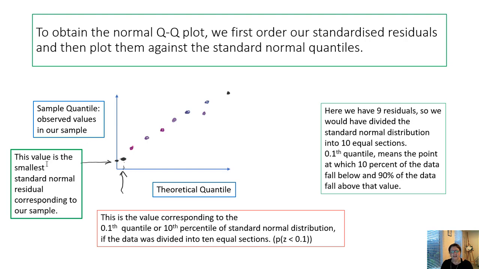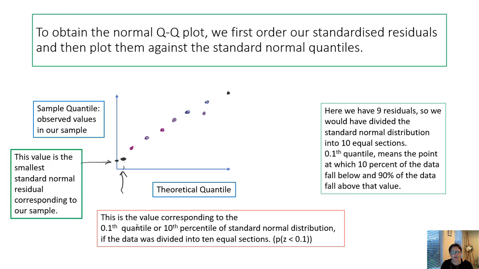This value is the smallest standardized residual in our sample. When we put these two values together, one dot will go here. Then we do this for the remaining 9 dots, and if these dots fit a straight line, then the QQ plot says that the residuals are normally distributed.